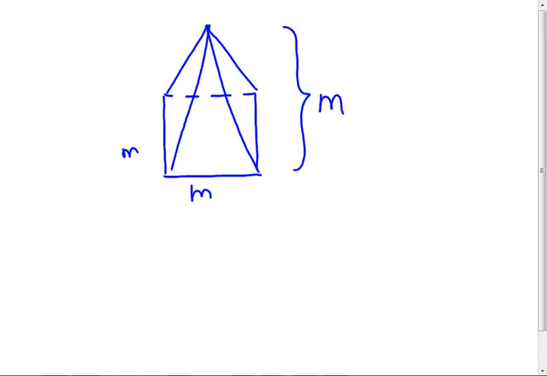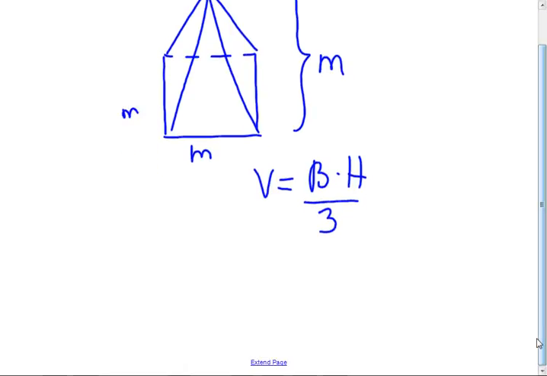Okay, Zach, what's the formula for the volume of a pyramid? Base times height, and it's not the same as a prism. It's 1/3 of that. I wrote 1/3 m times m times m. Yeah, that's right. What's the area of the base?